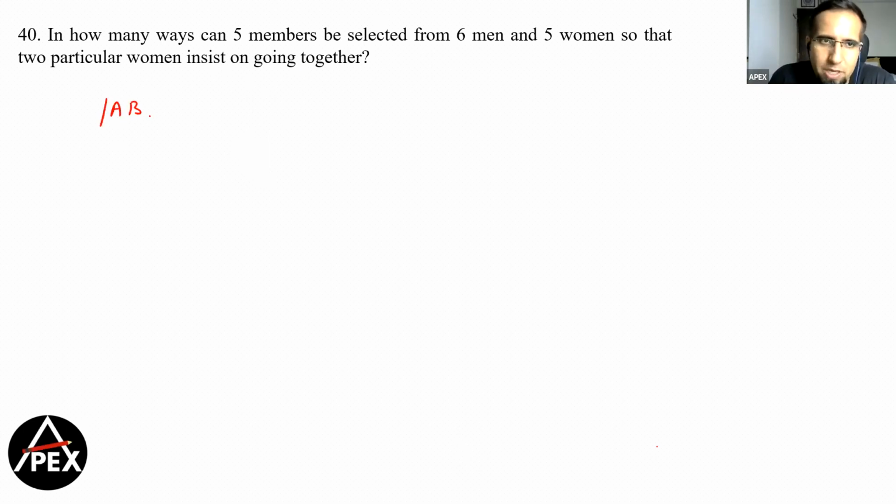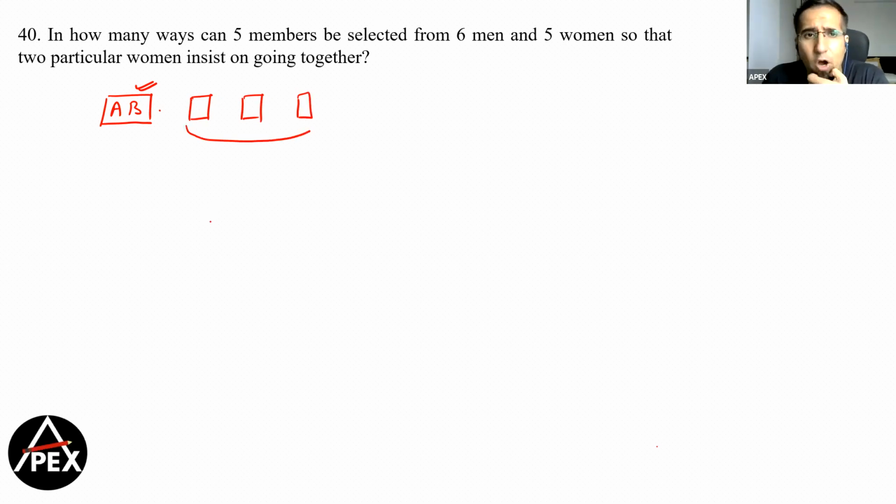So A says, if B comes, only then I will come. Now, what is a possibility? A possibility is I am taking both of them in my team. If both of them are in my team, that means I have to choose how many more? I have to choose 3 from how many people? Out of 11, 2 people are gone. Out of 9 people, so 3 out of 9 people will be 9C3. This is case 1.